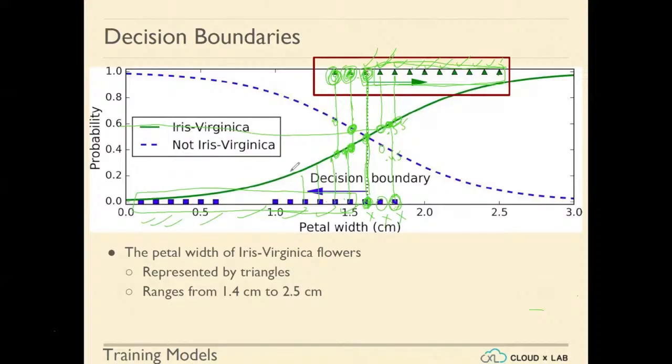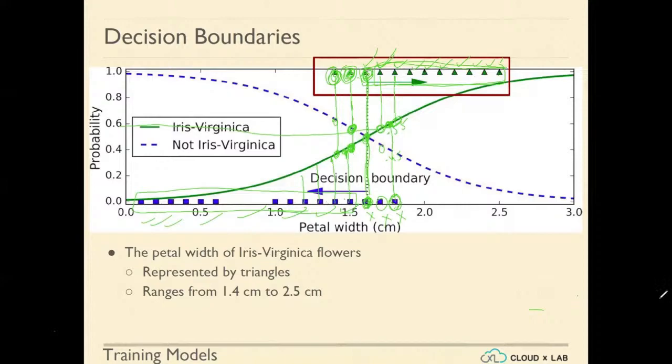If you use this dotted blue line, then the rule will change, because this dotted blue line is for the not virgin ka class. So if the probability is greater than 0.5 for the dotted blue line, it means not virgin ka class. If the probability is less than 0.5 for the dotted blue line, it means virgin ka class, right? So the rule will change if you use the dotted blue line.